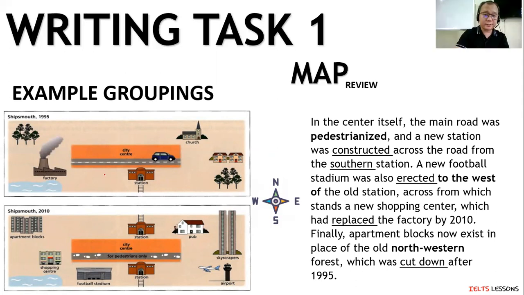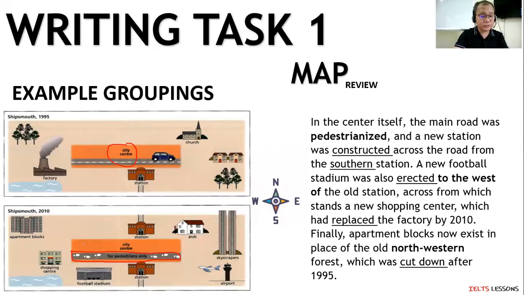Right. So here in the city center itself, the main road was pedestrianized. Pedestrianized means no cars can enter, only people. And a new station was constructed across the road from the southern station.